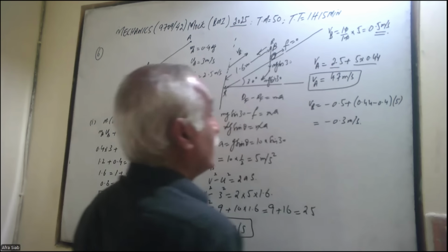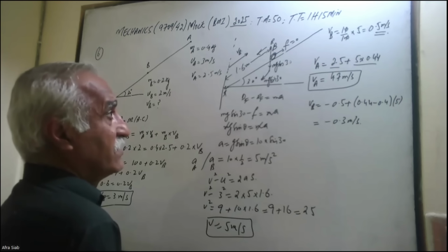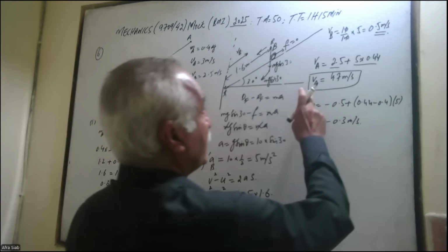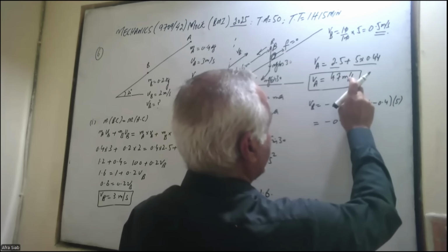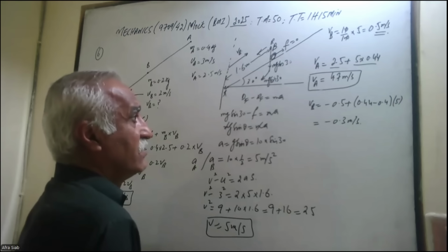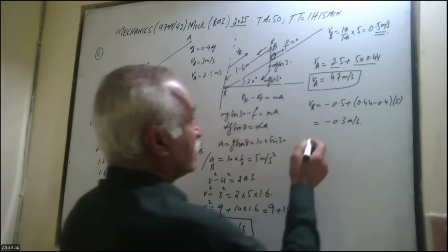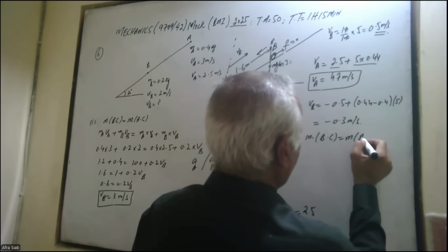Now they are going to collide with each other, and we are going to find the combined speed of the particles. Before collision, the speed of particle A is 4.7 meters per second, and the speed of particle B is 0.3 meters per second. Now we are going to combine their masses. So momentum before collision is equal to momentum after collision.